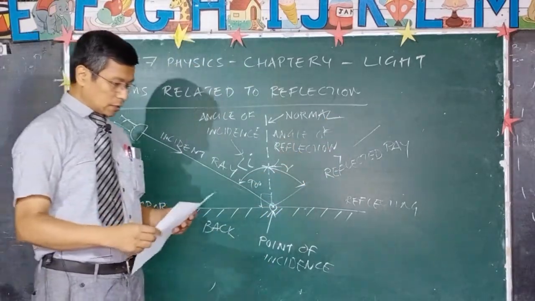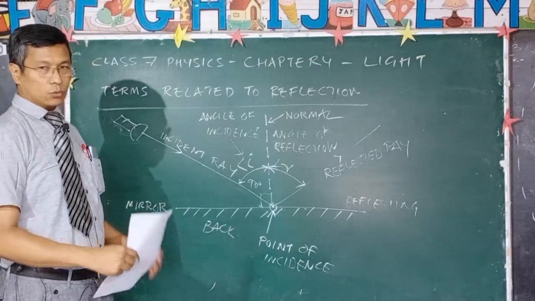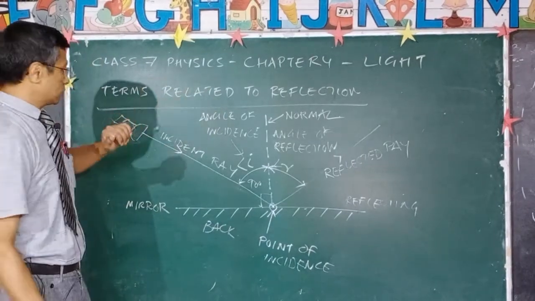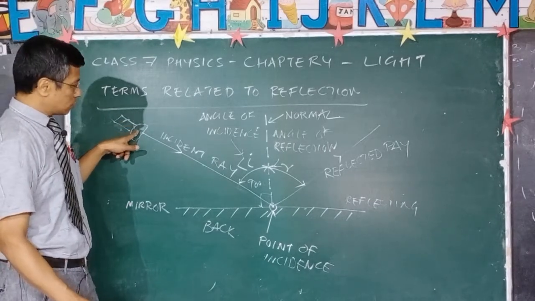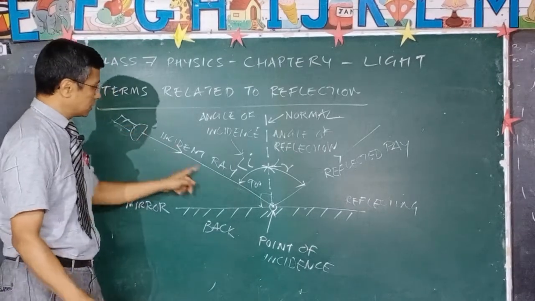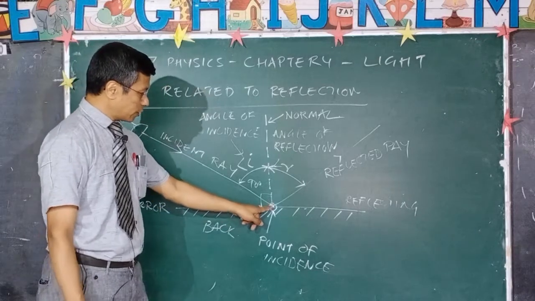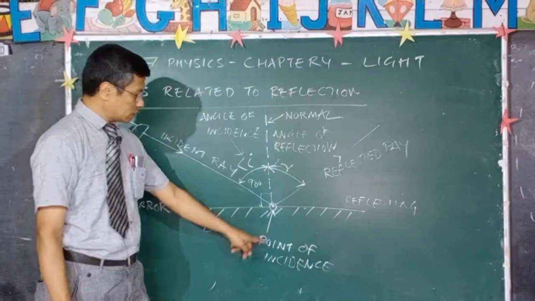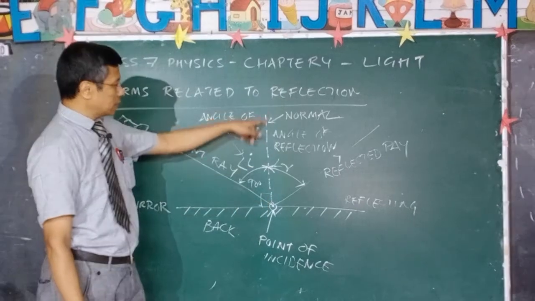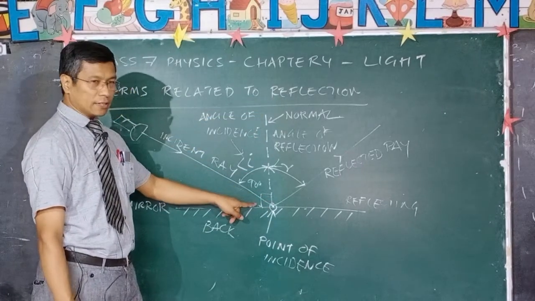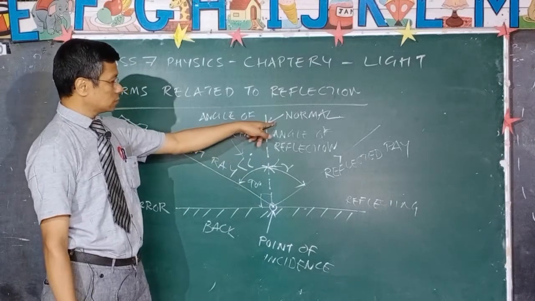So these are the different terms related to reflection. To recap, this is the ray of light coming from the source which strikes the reflecting surface. This is called the incident ray. The point where the incident ray strikes is called the point of incidence. At the point of incidence, if you draw a vertical line at an angle of 90 degrees, that is called the normal.